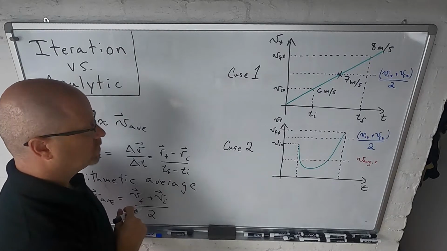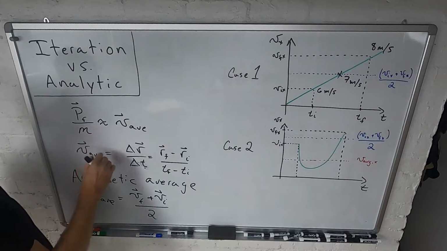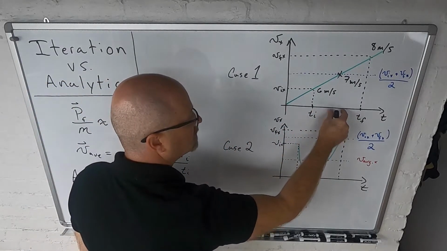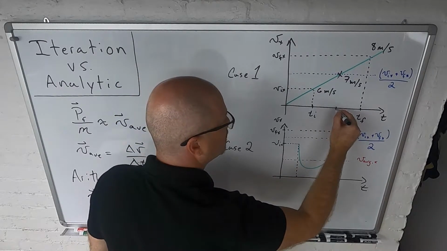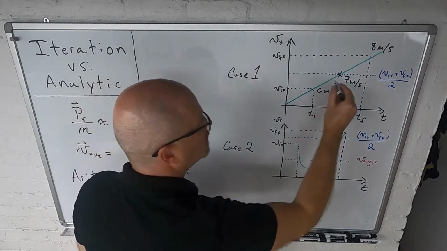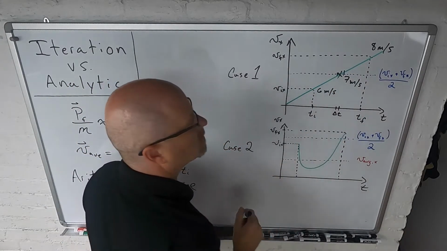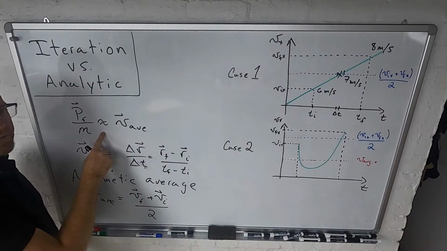Now, I could also, for example, if I shortened the amount of delta t to a very, very small interval, somewhere in here, then this approximation for the average velocity would also be consistent.